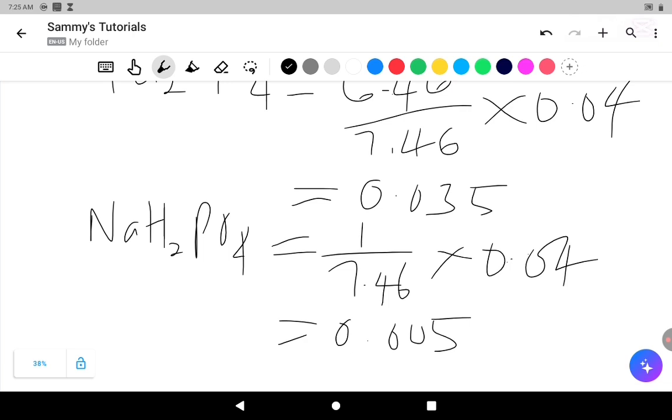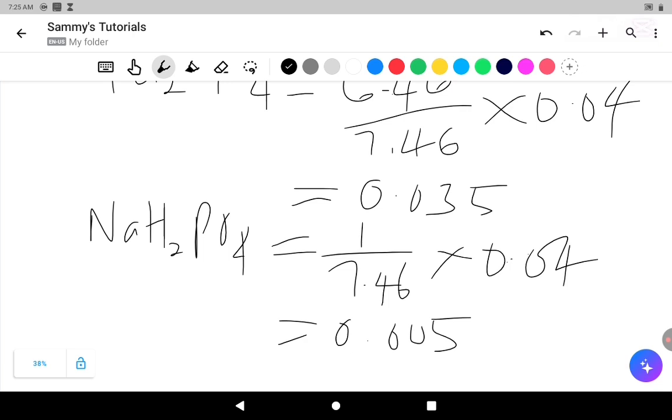So add these two answers you've gotten. If it doesn't amount to this 0.04, it means that your calculation is wrong. So let's see those people that got it right. We have 0.035 plus 0.005. We got it.